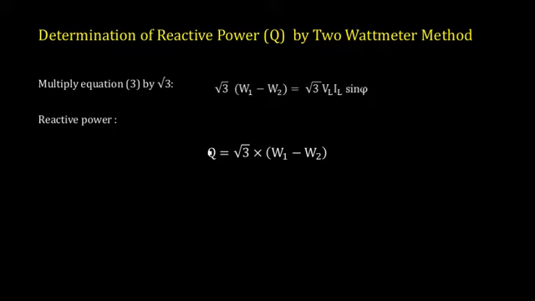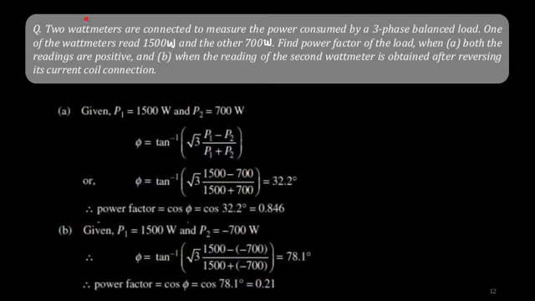So you can obtain reactive power from this equation, that is Q equal to root 3 into (W1 minus W2). The difference between wattmeter readings into root 3 gives you the reactive power in a 3-phase AC circuit using the 2 wattmeter method. This is for the balanced load condition. This can be applicable for unbalanced load condition also, but we have derived it for the balanced load condition.